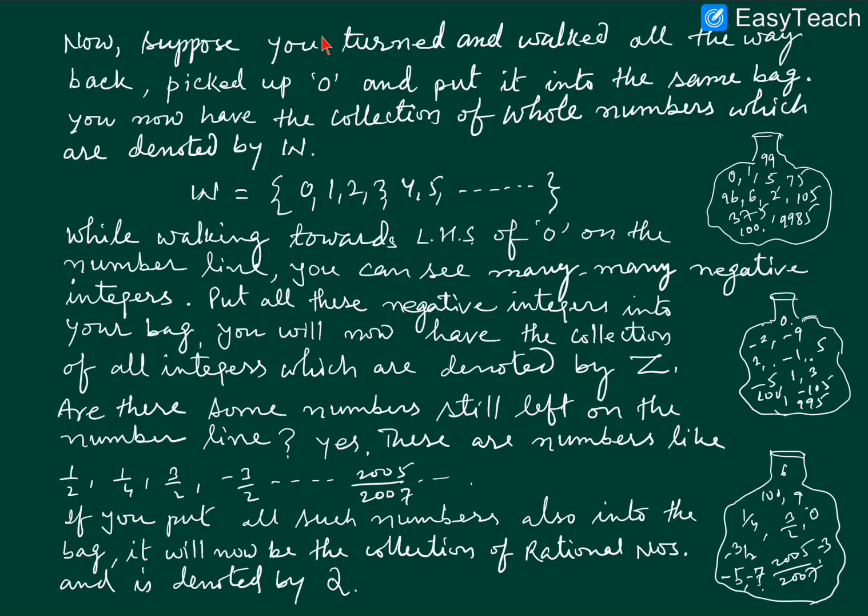Now suppose you turned and walked all the way back. Pick up 0 and put it into the same bag. You now have the collection of whole numbers which are denoted by W. W is 0, 1, 2, 3, 4, 5 and so on.